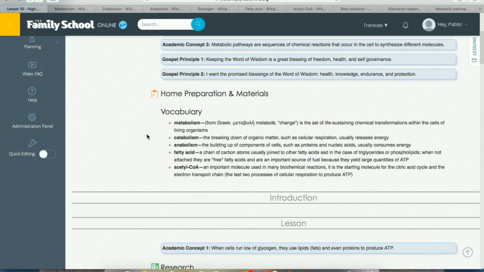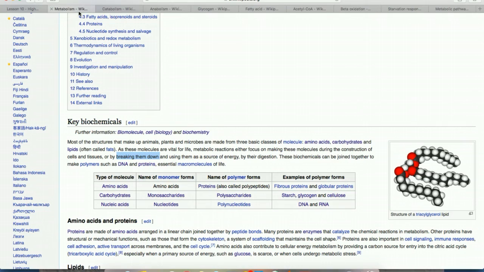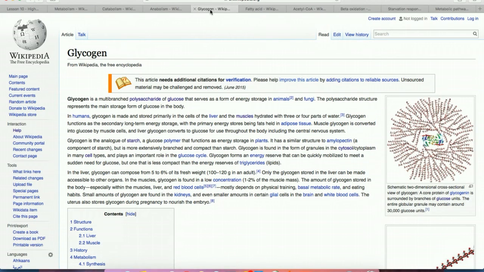All right. So in metabolism, we saw this glycogen, okay? And I remember that I was curious about that because we talk about glucose, but not glycogen. Let's see, glycogen is a multi-branch polysaccharide of glucose.